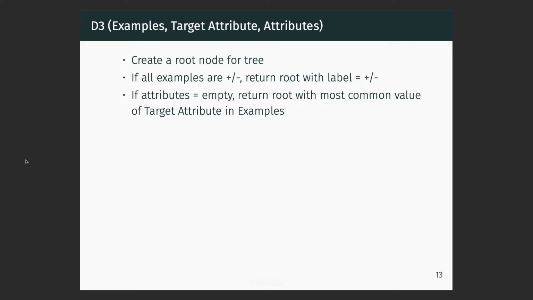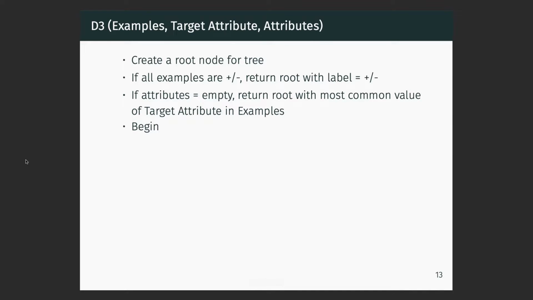What do you think it means if attributes is empty? When will that kind of scenario occur? Attributes is empty when you have exhausted all the possible attributes in the creation of the tree. There is no attribute left on which you can split again.